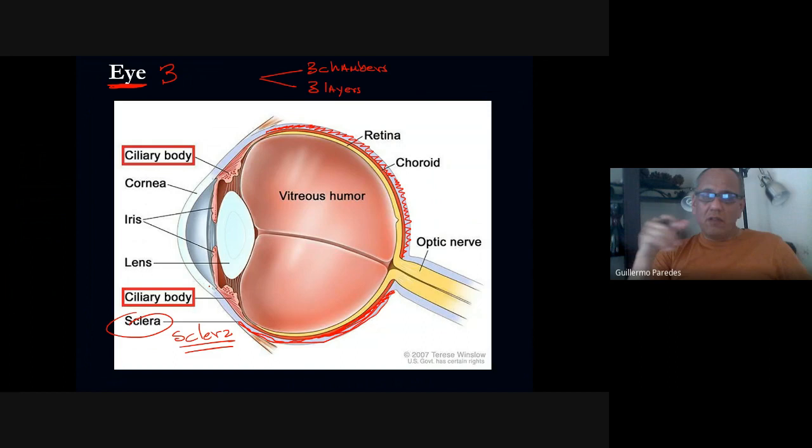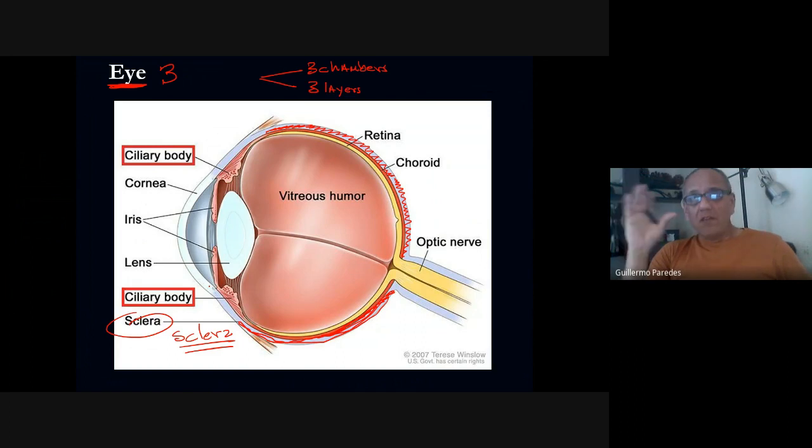So this sclera is the white area and it helps to keep the shape of the eye. Please think about the eye as three-dimensional. I cannot show you a three-dimensional image because this is a two-dimensional image. So try to imagine that you are inside the sphere, and the outside wall is called the sclera.